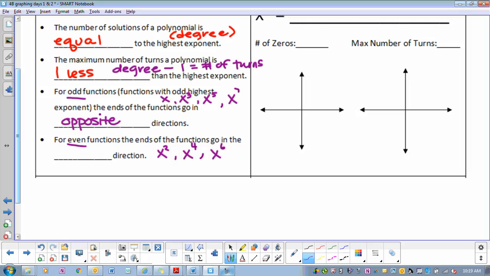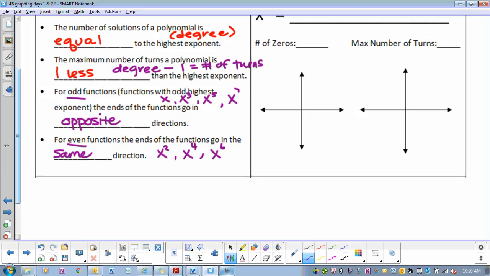And so on. So for even functions, the end behaviors are going to go in the same direction. If one is going up, the other one is the same, up. So when they're odd, they're opposite. When they're even, they're the same.